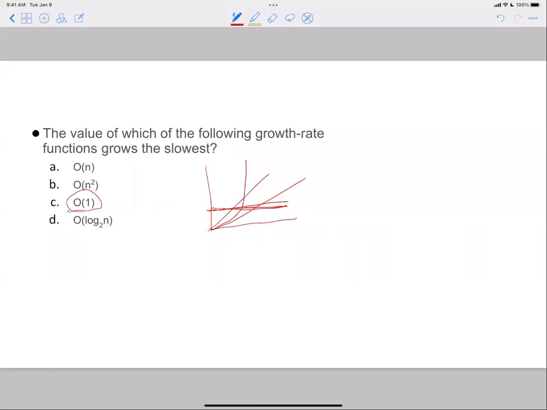But still it does not change its value, so we can say it is the slowest one. If you face this question on your quiz or assignment, this is the answer because it does not move. It's constant.